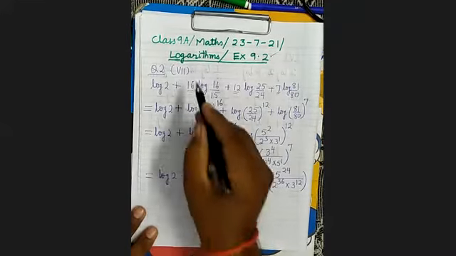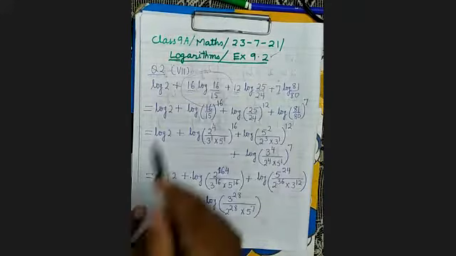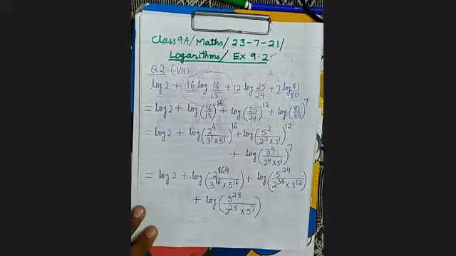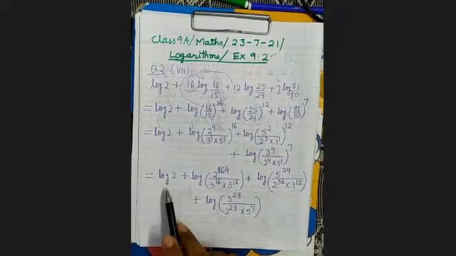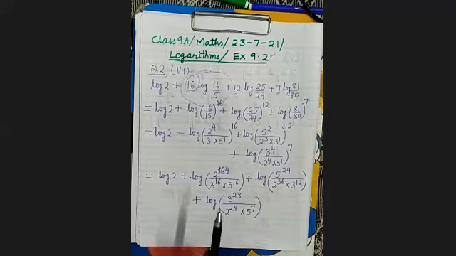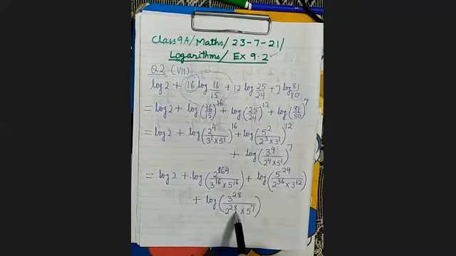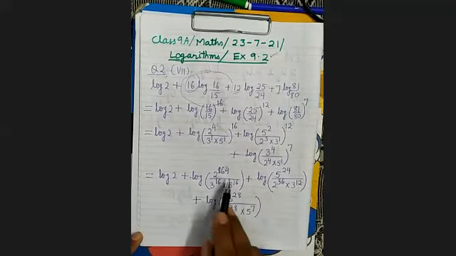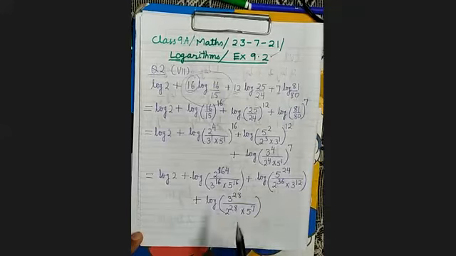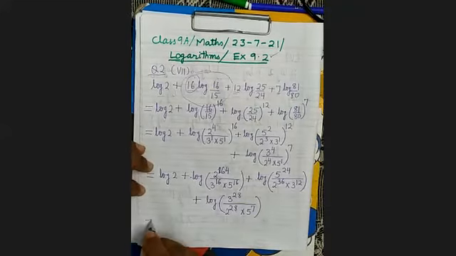But this is not a single logarithm, because there is 16 before this. So how can you write it together? You can apply the product rule. Log m plus log n plus log p plus log q equals log of m into n into p into q.